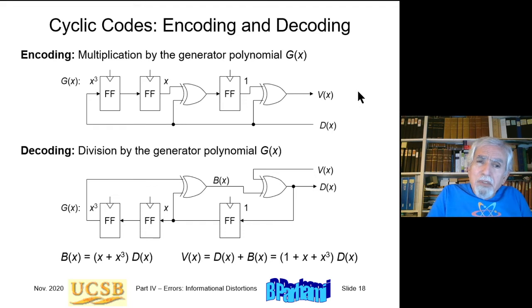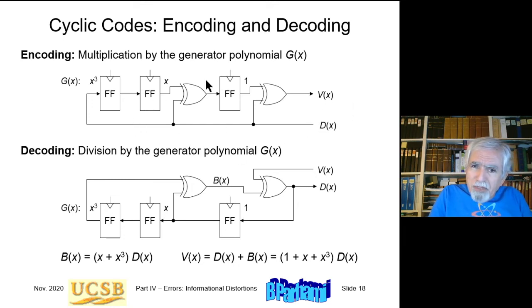Now cyclic codes that I discussed on the previous page have simple encoding and decoding circuits. I won't try to explain why this works. Basically, the data word comes in one bit at a time, and then it goes through the circuit, and then the encoded word emerges from there.